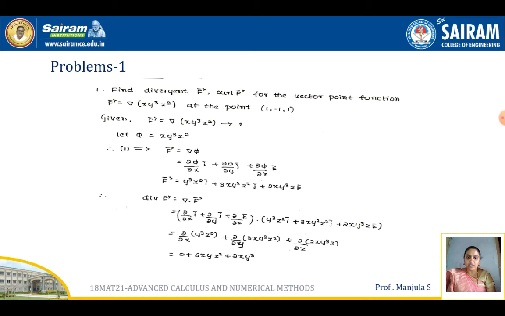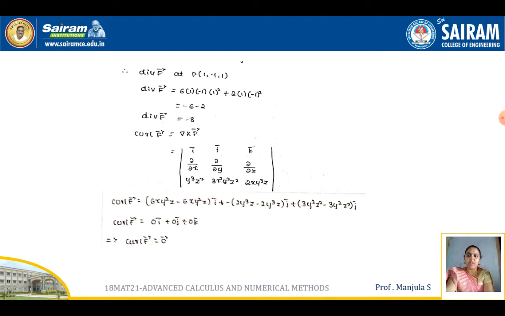On simplification, we get 0 plus 6 x y z square plus 2 x y cube. Now, the divergence of f at the point 1, minus 1, 1 is minus 6 minus 2, that is minus 8. This is the required solution for the divergence of vector f.